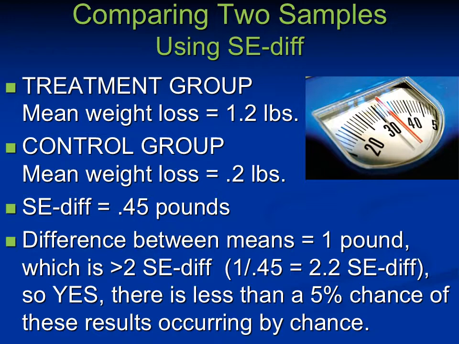And to get to the 0.05 level of statistical significance, we have to be more than 2 standard errors of the difference out. And in fact, our actual weight loss of 1 pound is more than 2 times the standard error of the difference. In fact, we got all the way out to 2.2 standard errors of the difference. So yes, we have reached the 0.05 level of statistical significance.